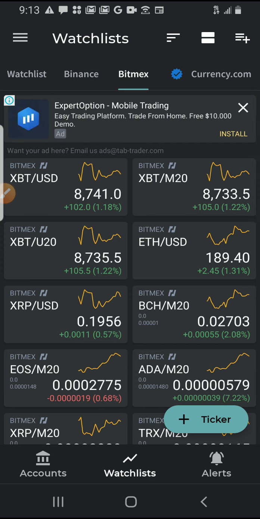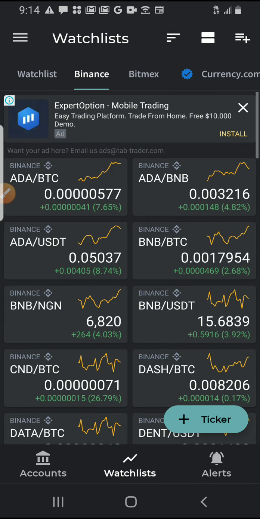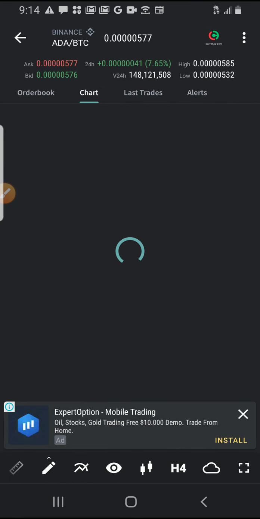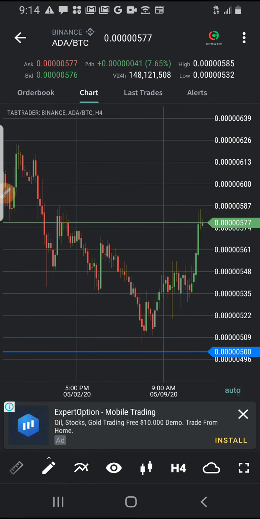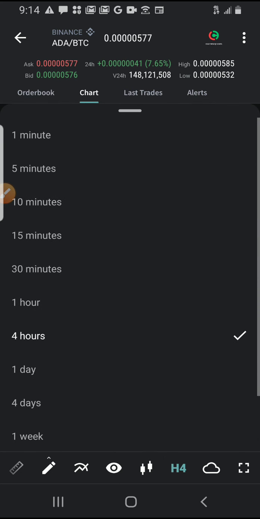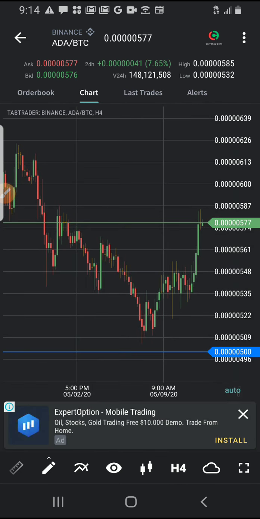Now we are going to first talk about how to enable these indicators. First of all, open your chart. We come to our Binance. We already added ADA/BTC, so you click on ADA/BTC, and we are on our H4 time frame.